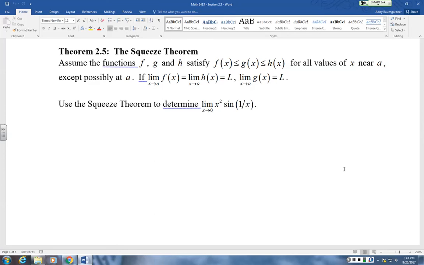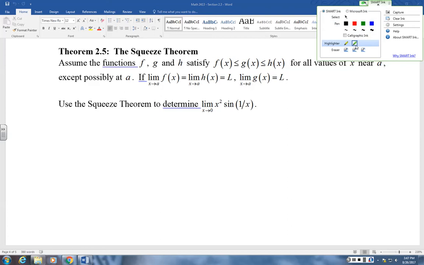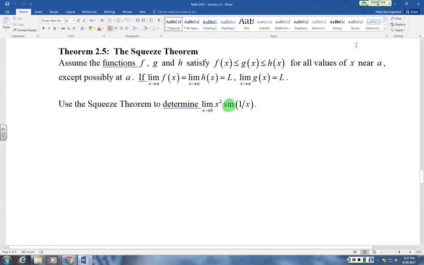I know that we've got sine. Oh man, anytime you have a trigonometric function, in particular sine or cosine, you might have a squeeze theorem on your hands. Not always, and in fact, don't assume. You want to do everything else and then come back to this.